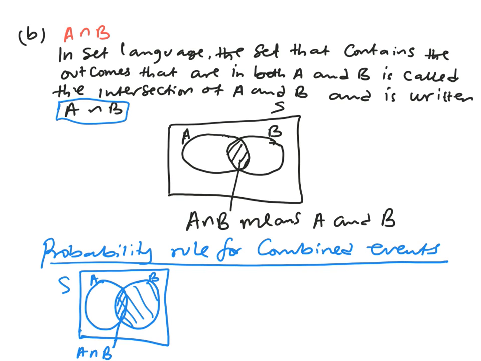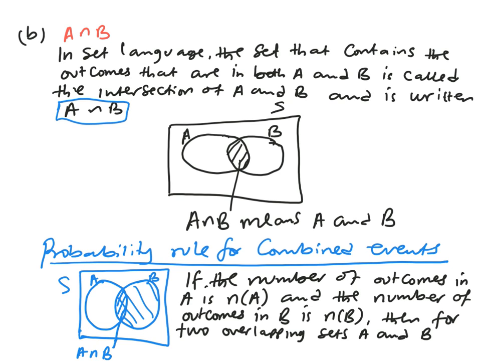Now, what we are trying to come up with is the rule for combined events. We are looking at the number of A and the number of B. If we add the number of A to the number of B, do we get the number of the union?